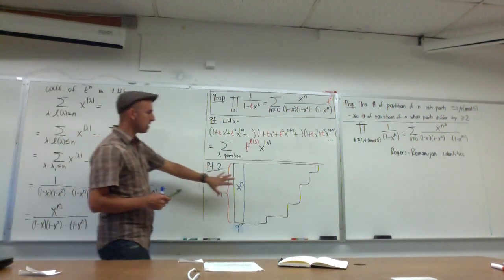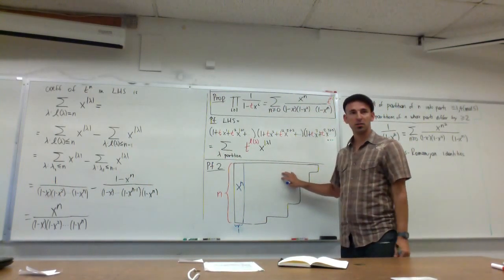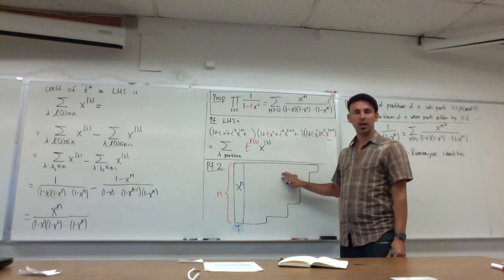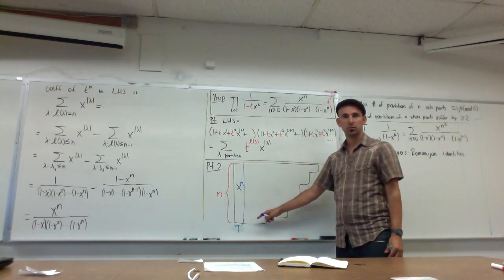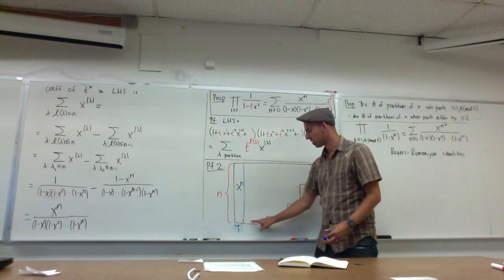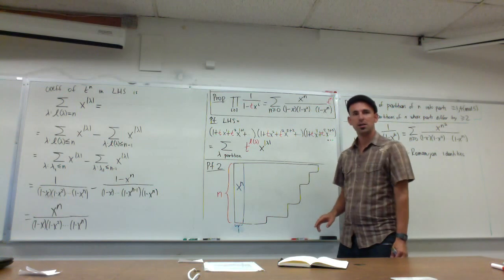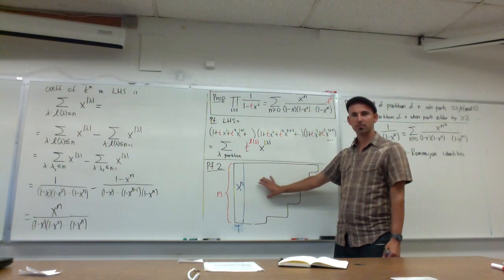And then what do I have here? What do I have left here? Well, this is a partition into at most n parts. It might have n, but it might have fewer parts. Right? It could be that this thing goes up immediately and there's nothing else in the last row. So this is a partition into at most n parts.